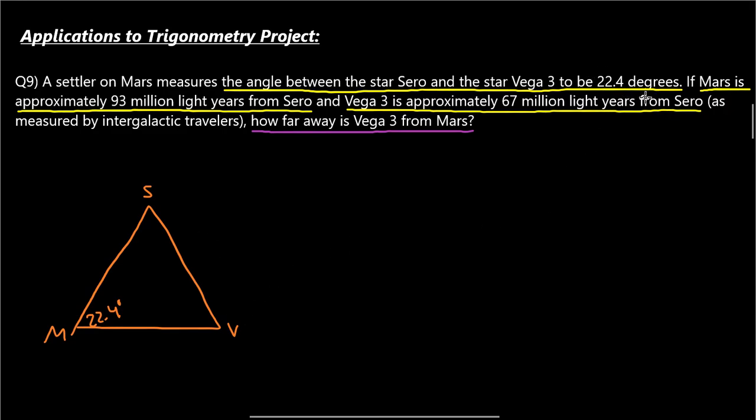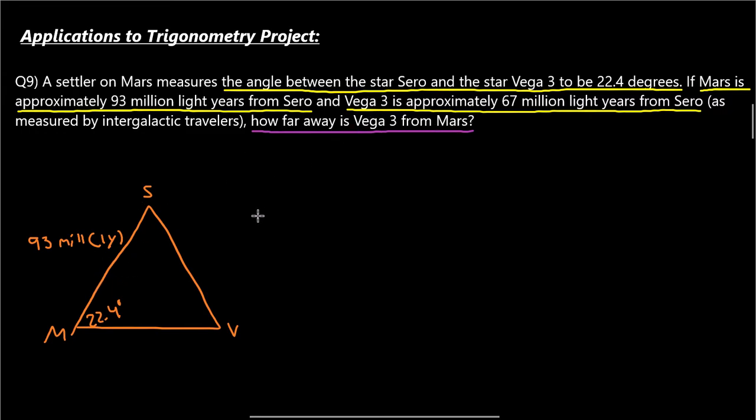Okay, that's one given done. We know that Mars is approximately 93 million light years from Cero. So this is going to be 93 million light years from Mars to Cero.